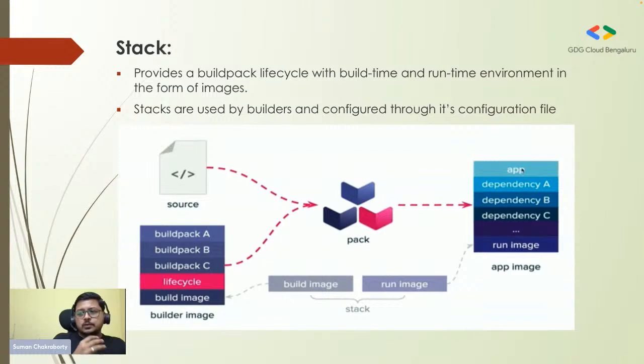So the source together with the build image gets combined through the buildpack process, and together with the runnable image or the base image fetched for the application, goes into the application image. The final app image that you get contains all the required dependencies needed to build that particular OCI component image, together with the base image on which your actual application is built.